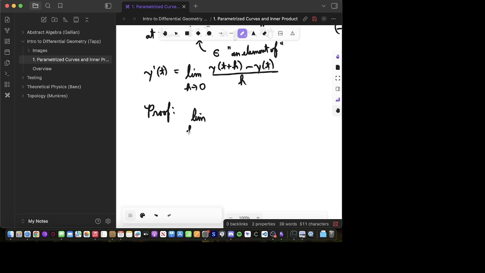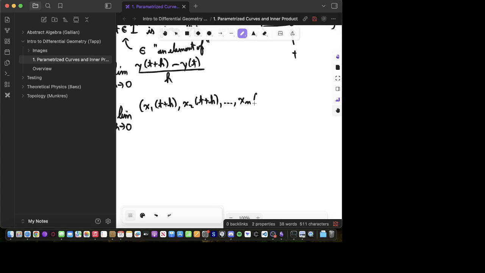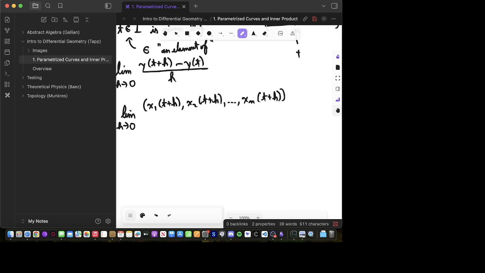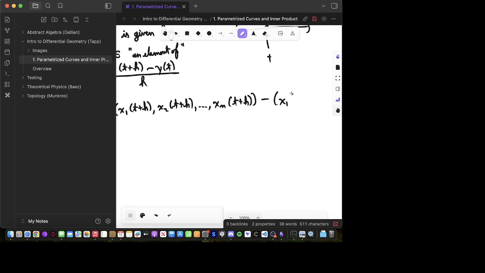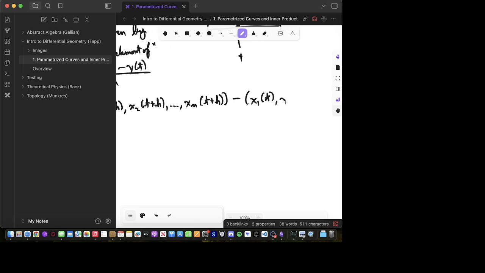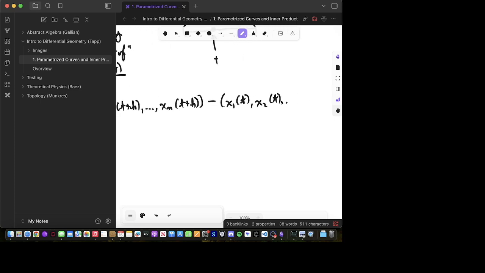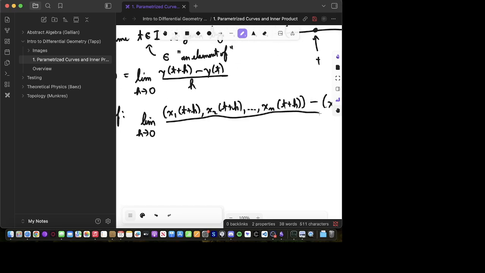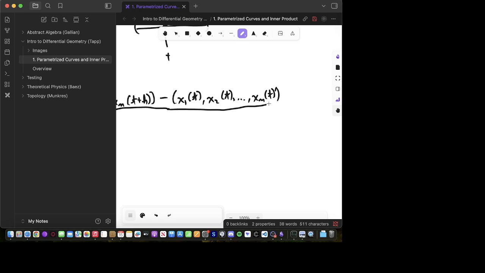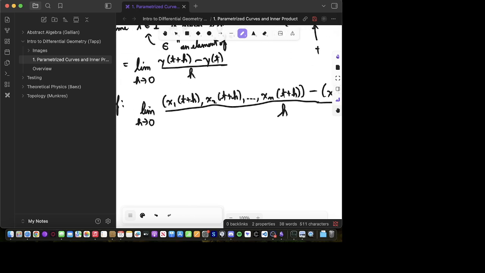So we have the limit as h approaches 0 of x1(t plus h), x2(t plus h), dot dot dot, xn(t plus h), minus x1(t), x2(t), dot dot dot, xn(t), and this is all over h.